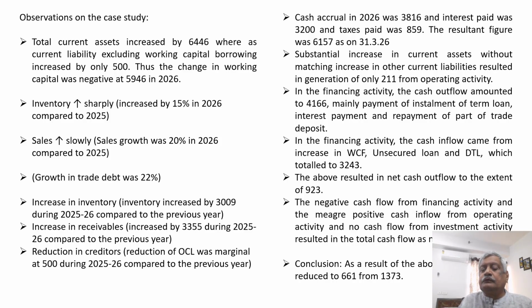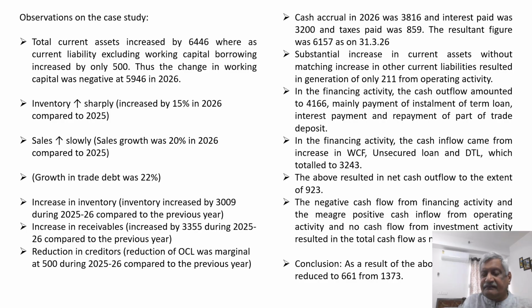Cash accrual in 2026 was 3816, interest paid was 3200 and taxes paid was 859. The resultant figure was 6,157 as on 31/3/26.